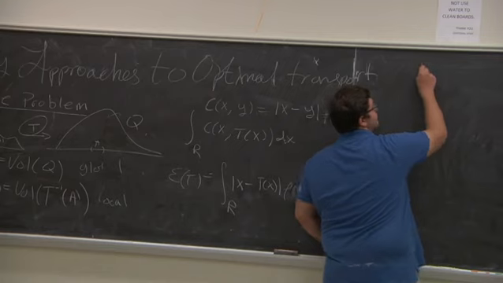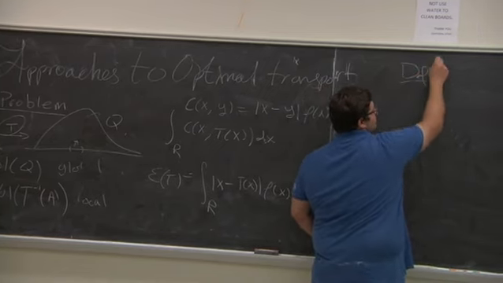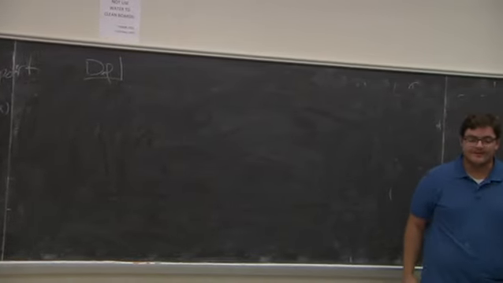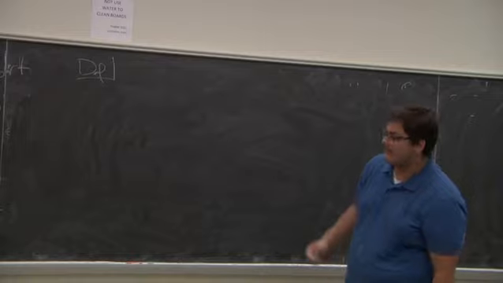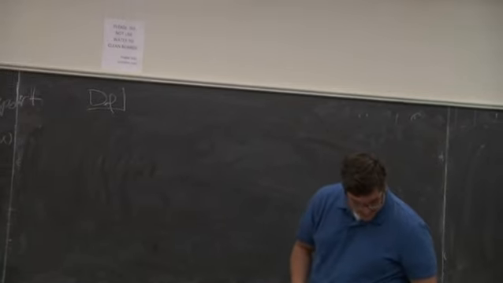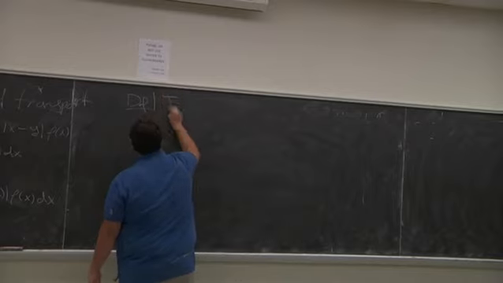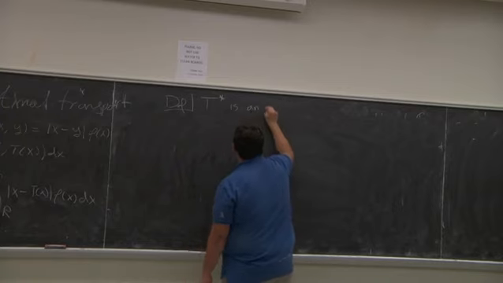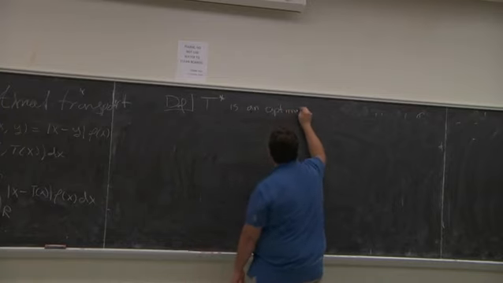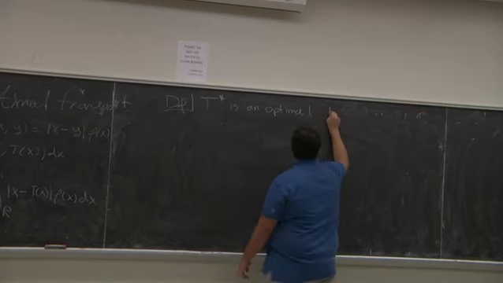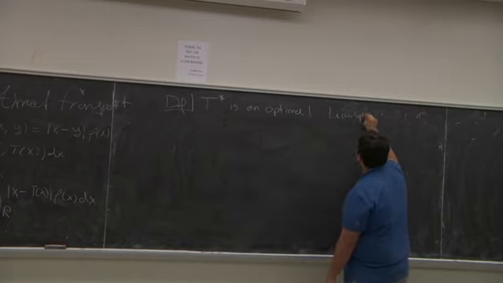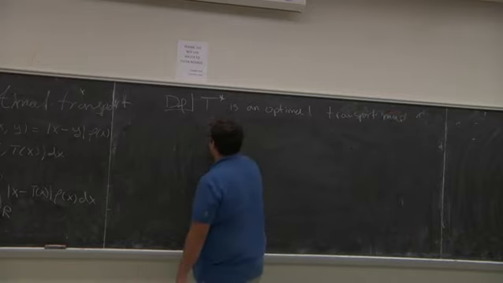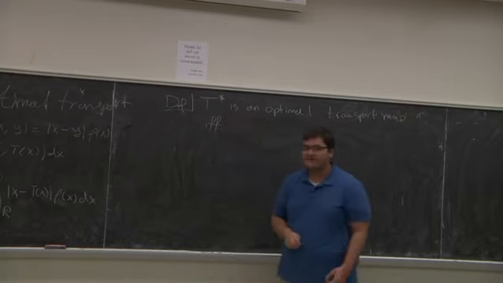So let me define an optimal transport map now that we've set it up. An optimal transport map is a map that balances mass. So T star is an optimal transport map if and only if, because it's a definition, it has the following two things.